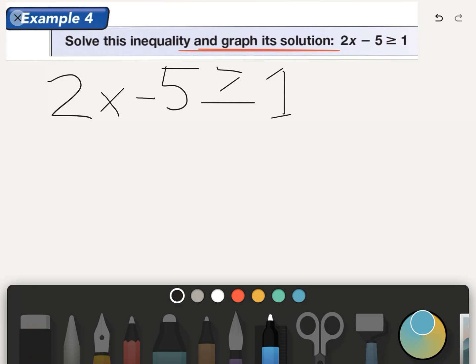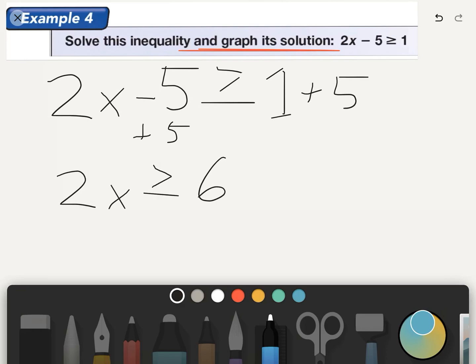So we're just going to add 5 on each side, getting us 2x is equal to or greater than 6. Then dividing each side by 2 gets you x is equal to or greater than 3.